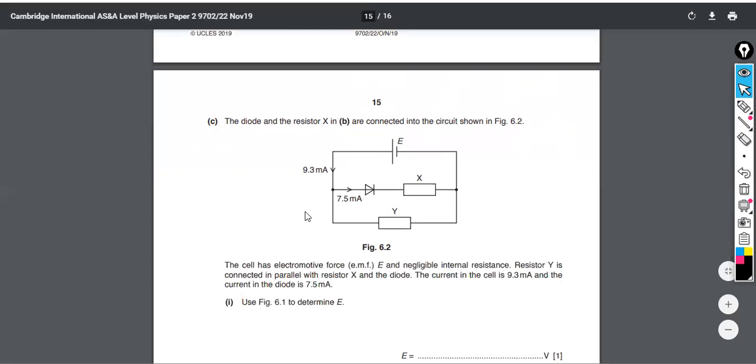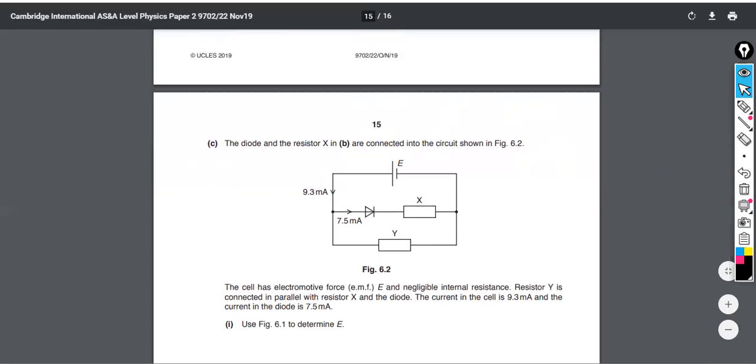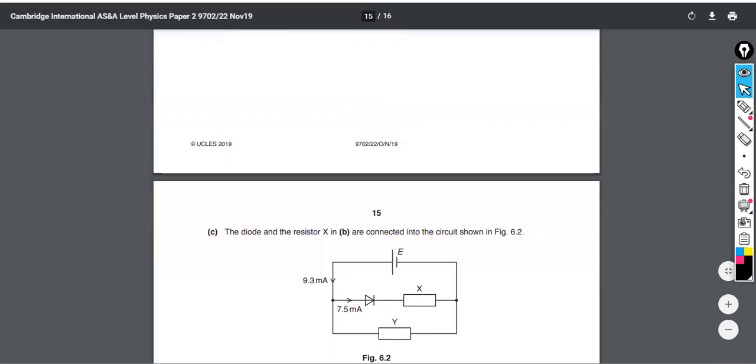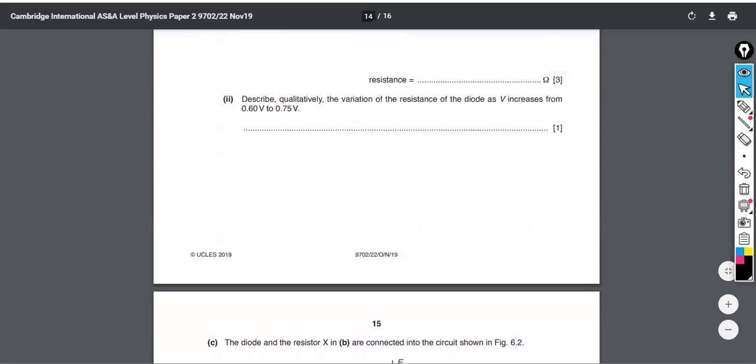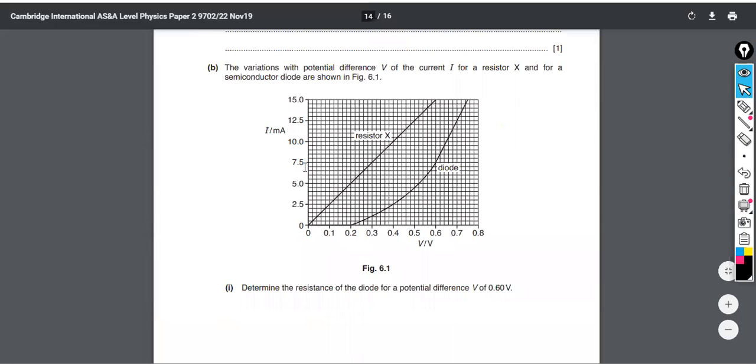So if we know that there's 7.5 milliamps going through this branch, then there's 7.5 milliamps going through both the diode and the resistor X, right? So we locate 7.5, and we can see right here that there is 0.3 volts for resistor X. And we already saw that there's 0.6 volts for the diode at that current, right?